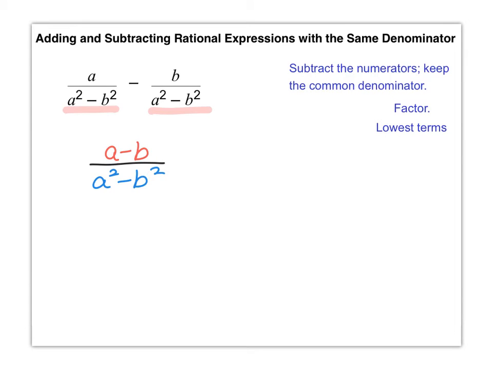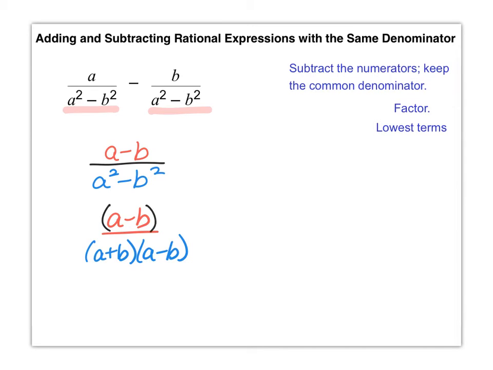Now we do want to factor and simplify this rational expression. Notice that the denominator is a difference of two squares that can be factored. So let's rewrite the denominator of a squared minus b squared as a plus b times a minus b. So we have found those two binomial factors. Now we simplify if possible.